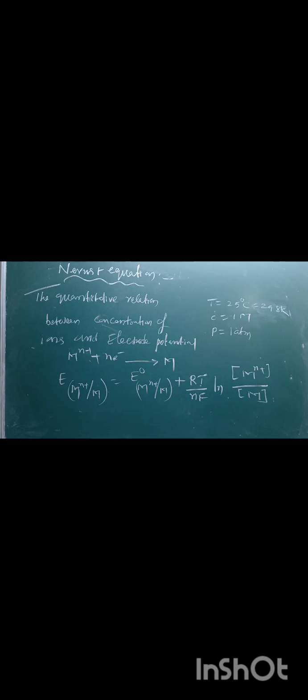Already you know, in a reaction the arrow's left side substances are called reactants and right side substances are products.